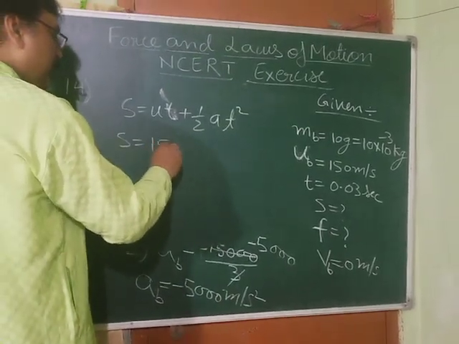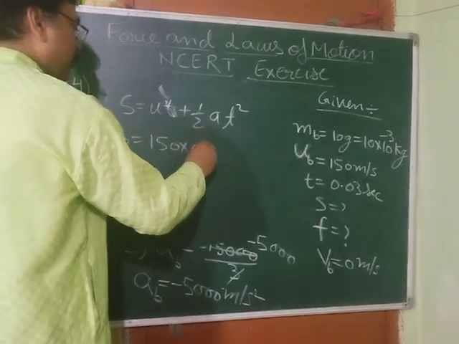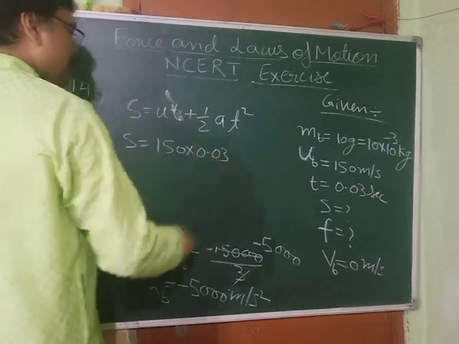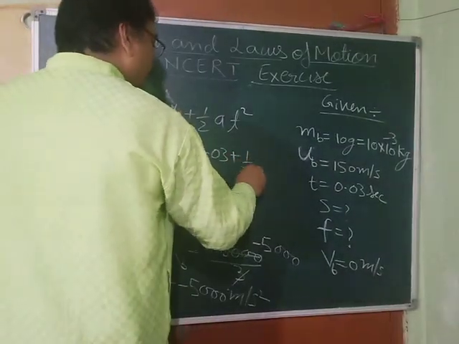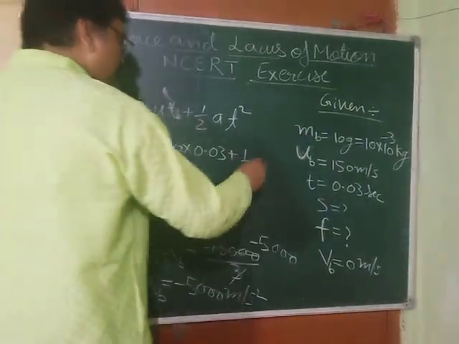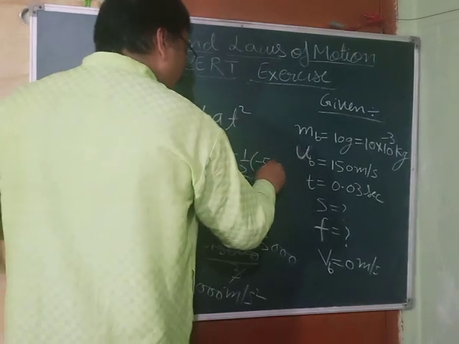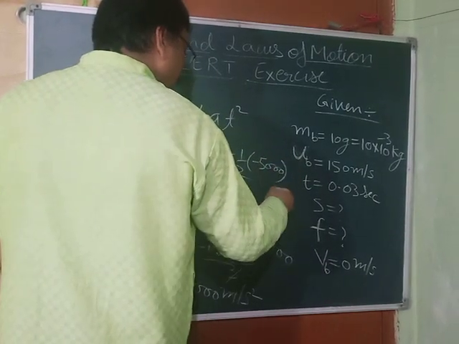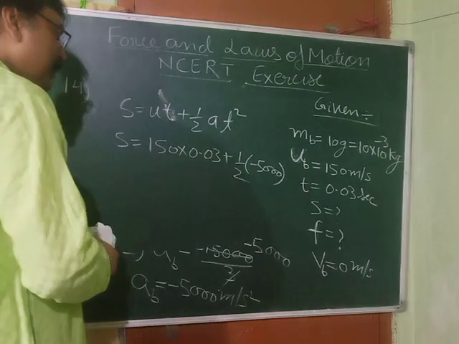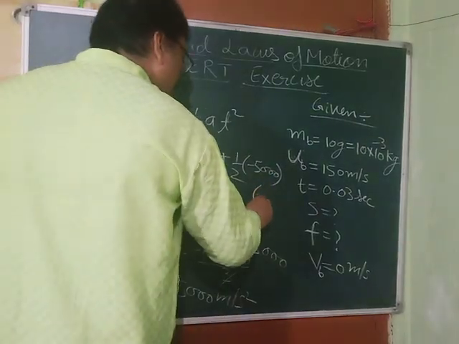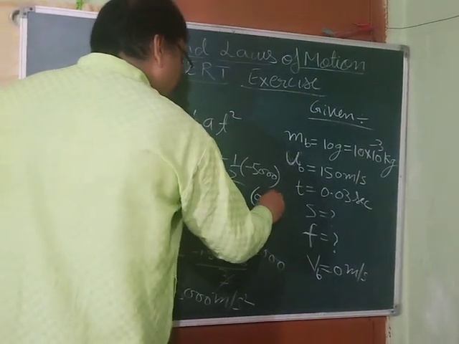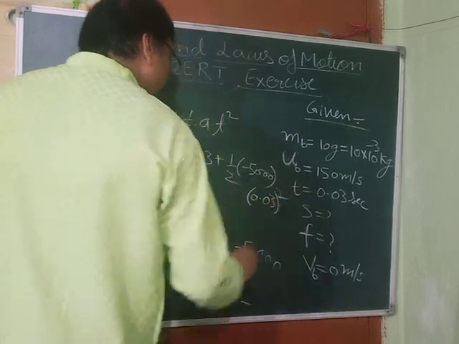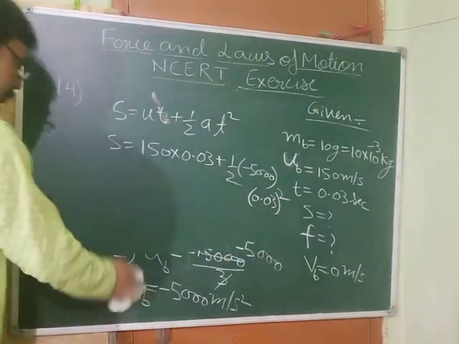It is 150. Time is how much? 0.03 second. Plus half, a is how much? It is minus 5000, into t square. So t square means 0.03 whole square.